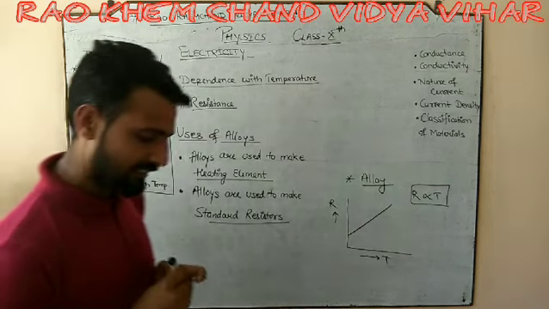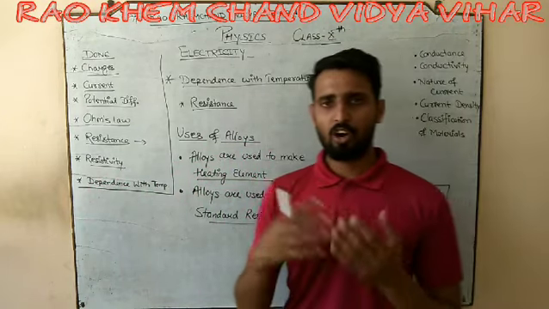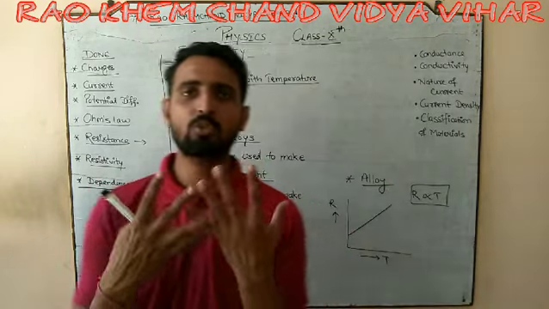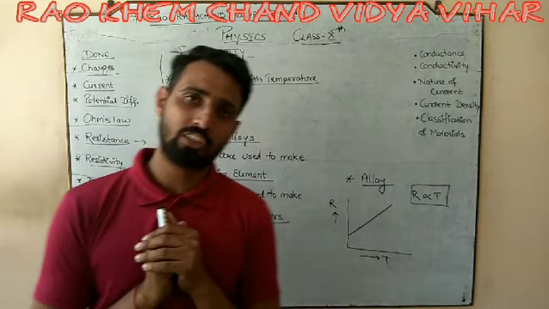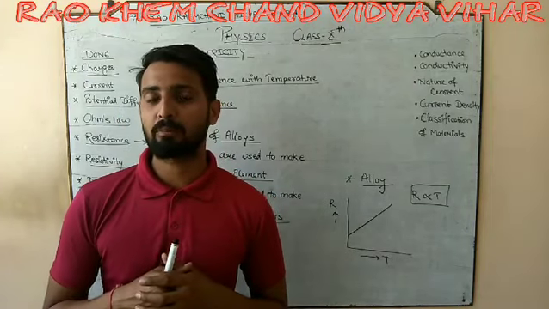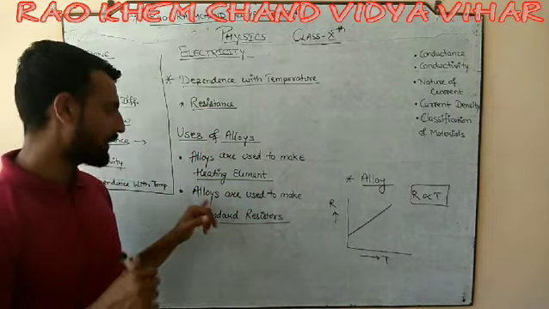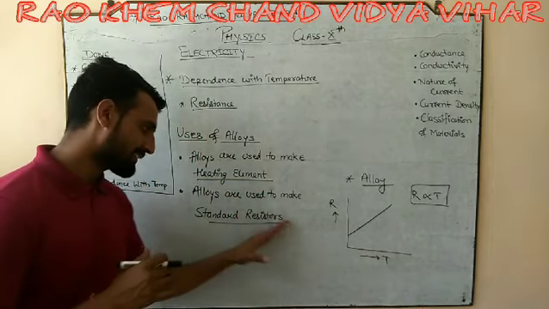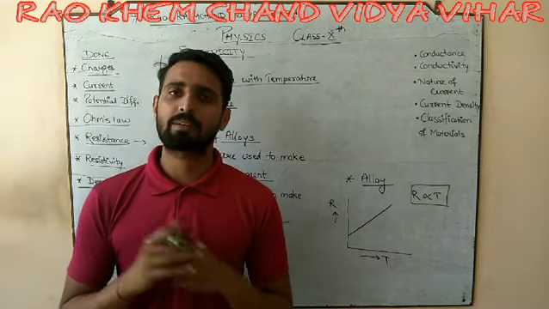We have discussed that if we want to do any practical demonstration of an electrical circuit, we use resistors or variable resistors, which we call a rheostat. These standard resistors are always made up of alloys. You can easily look at these resistors in your practical labs.